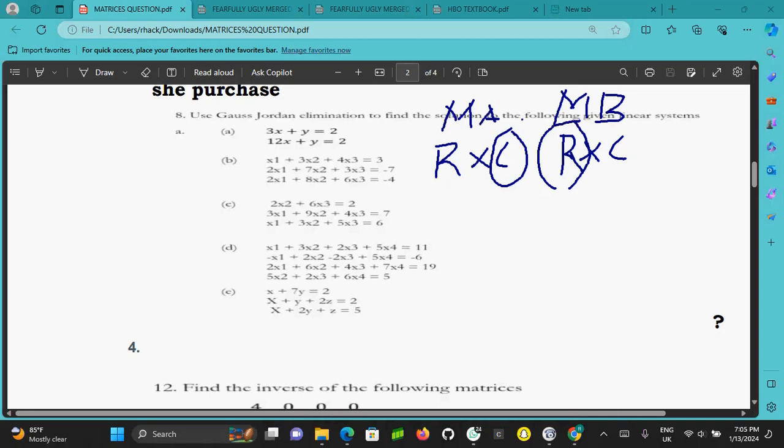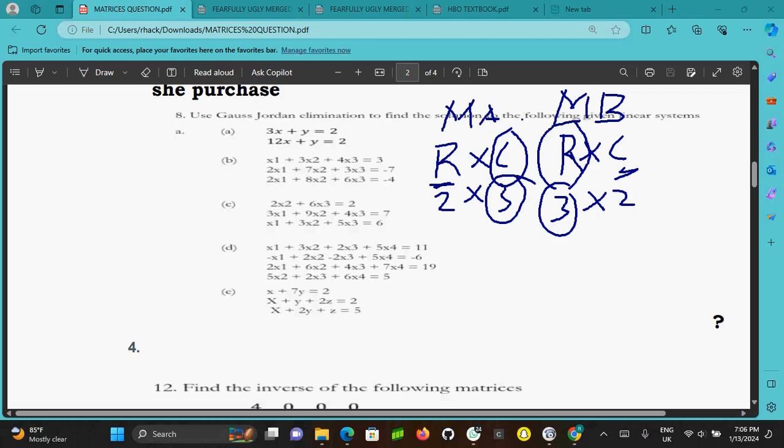So our final answer should also be in the row of matrix 1 and the column of matrix 2. So let's say if we have 2 by 3 and then 3 by 2, right? Since this and this is the same, then we can multiply them.